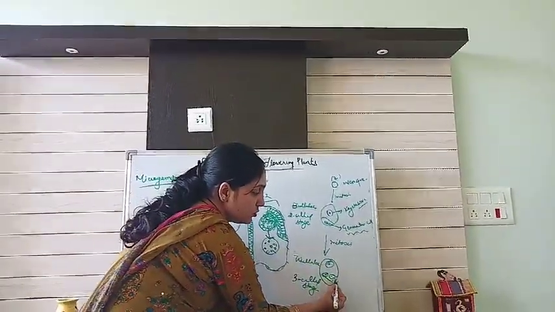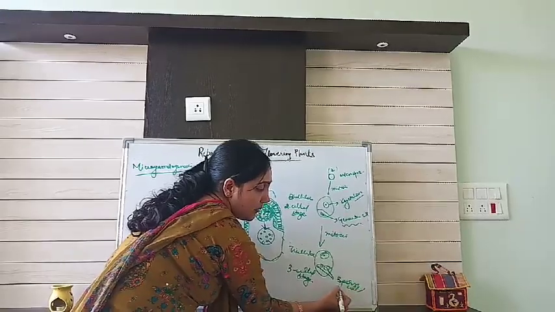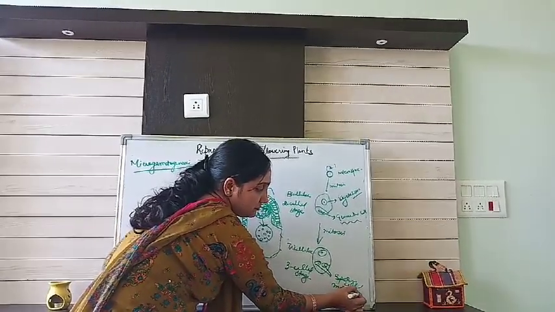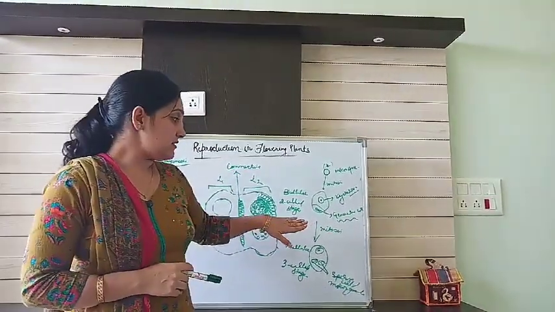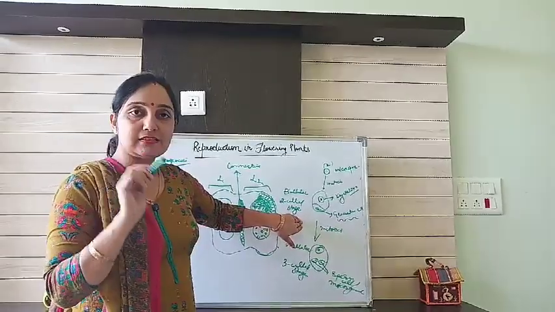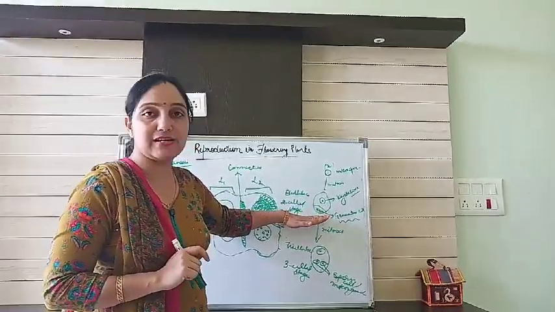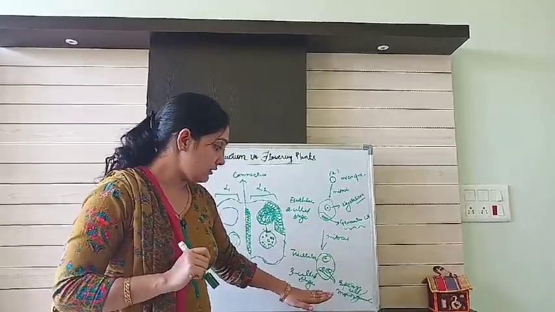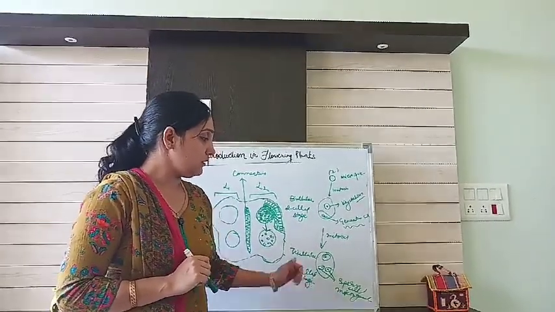Now our two sperm cells, or microgametes, are here. Listen, 60 to 70% of angiosperms fall in this two-cell stage, and the rest of the angiosperms follow this three-cell stage.